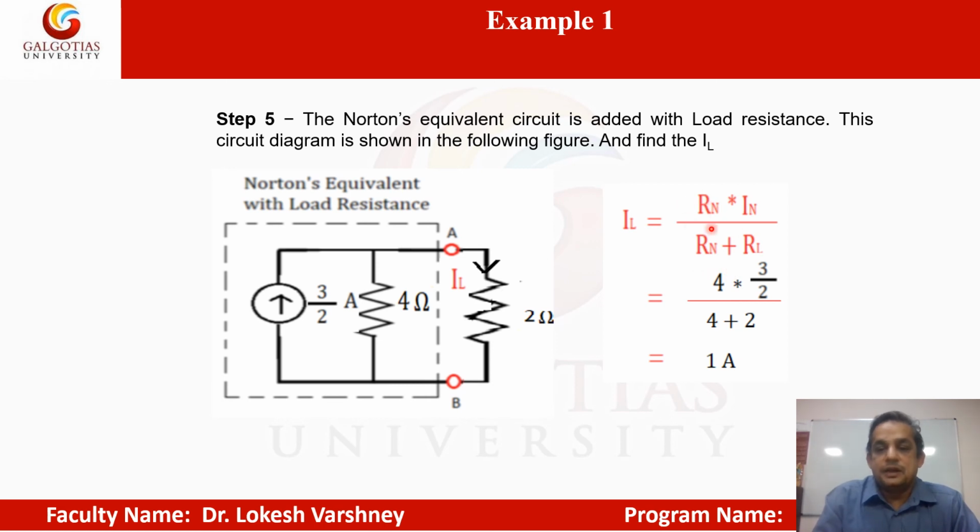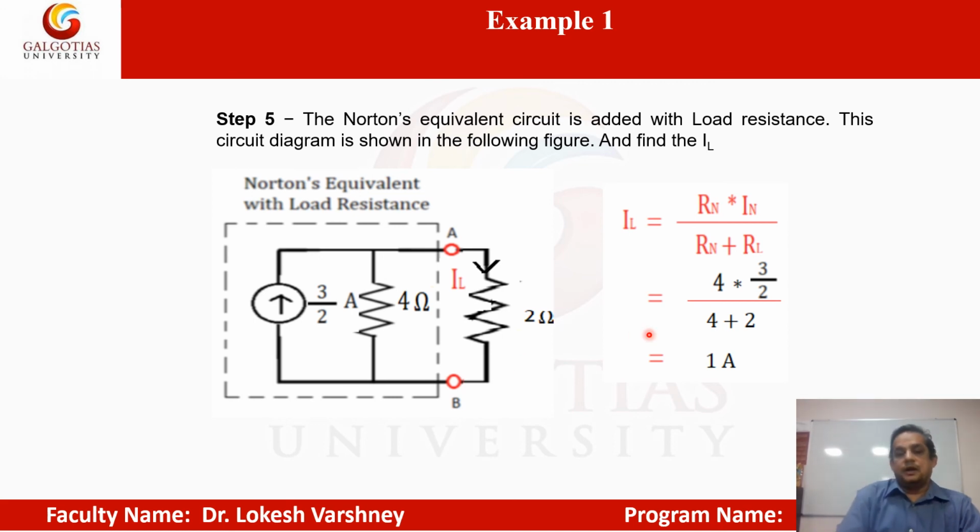Always remember that here we put RN in the numerator, because we put the opposite resistance, the resistance where we are not finding the current. So RN into IN upon total resistance. The value comes to 1 ampere. 1 ampere load current comes here.